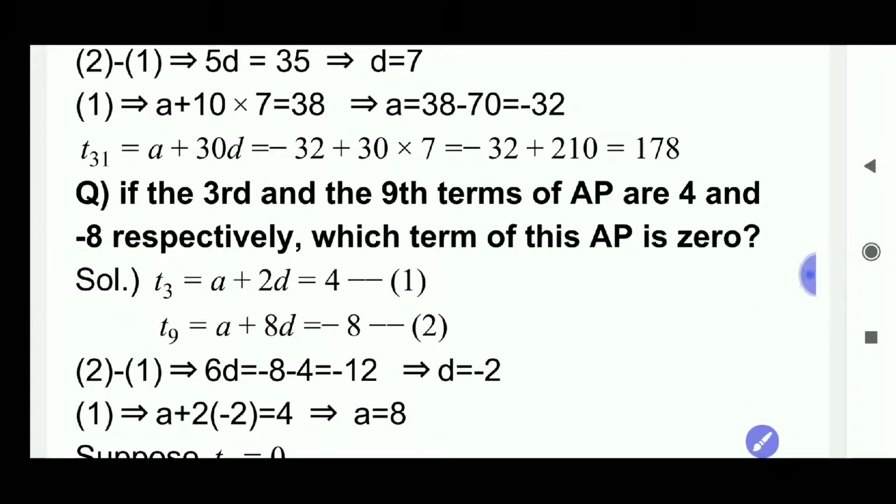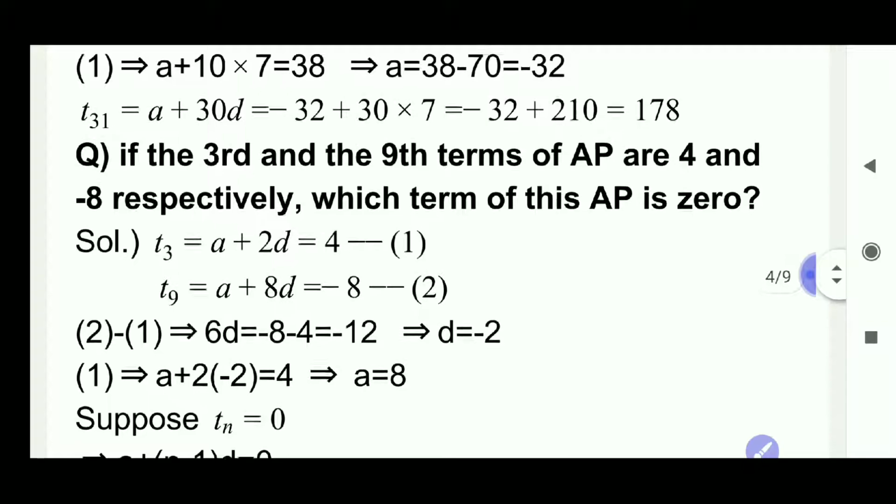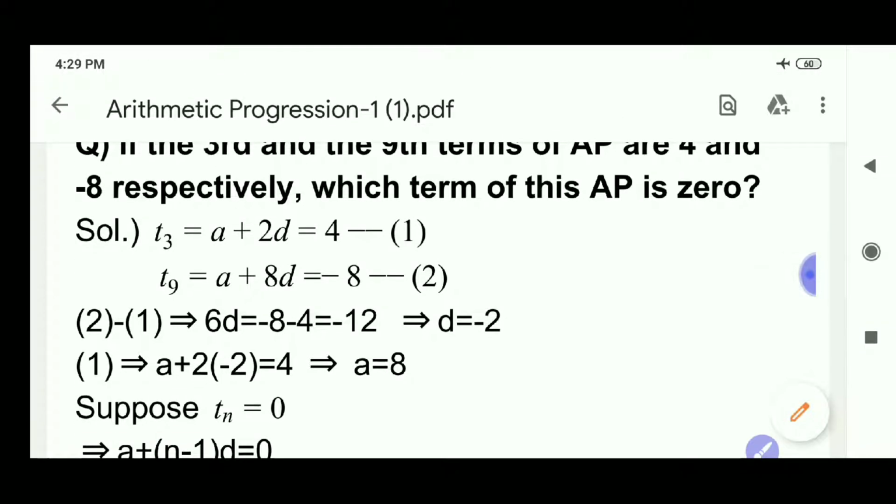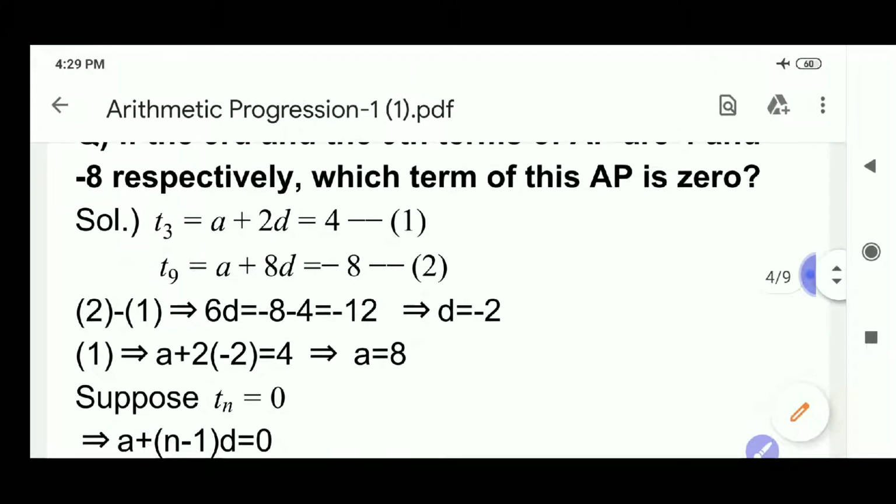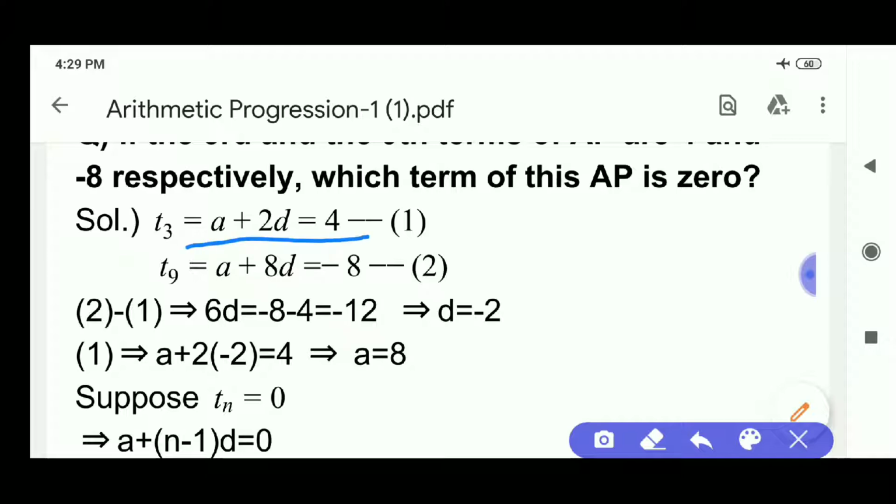Let us solve one more question. If the third and ninth terms of an AP are 4 and minus 8 respectively, which term of this arithmetic progression is 0? In this question, the third term a plus 2d is given as 4. Take it as equation number 1. The ninth term a plus 8d is given as minus 8.